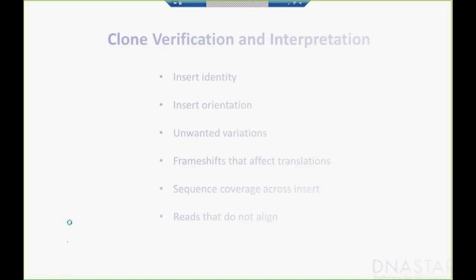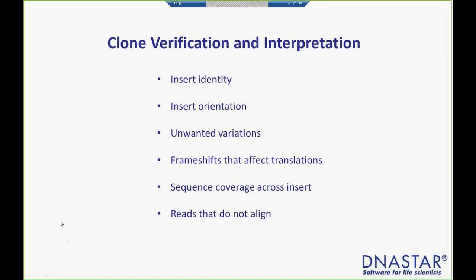The clone verification and interpretation, it actually means quite a bit. When you make clones, in some cases you just want to know, is the insert what you think it is? And you just do a quick check to see that it matches up your read. You might also have orientation. Certain cloning methods, an insert can go in one way or the other. And you can just validate which direction the insert is in.